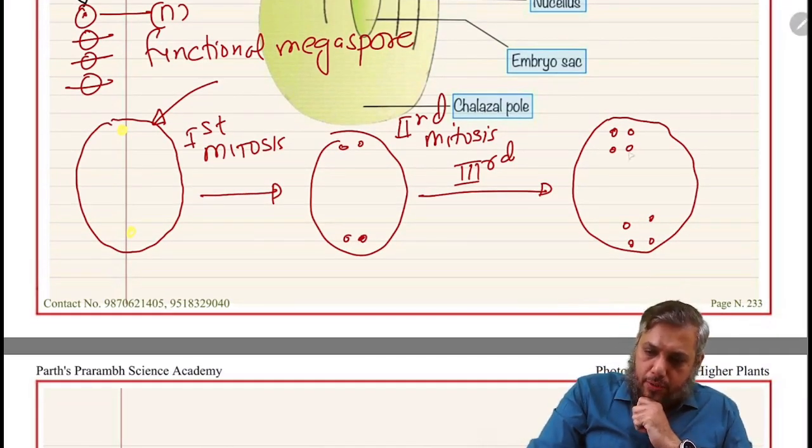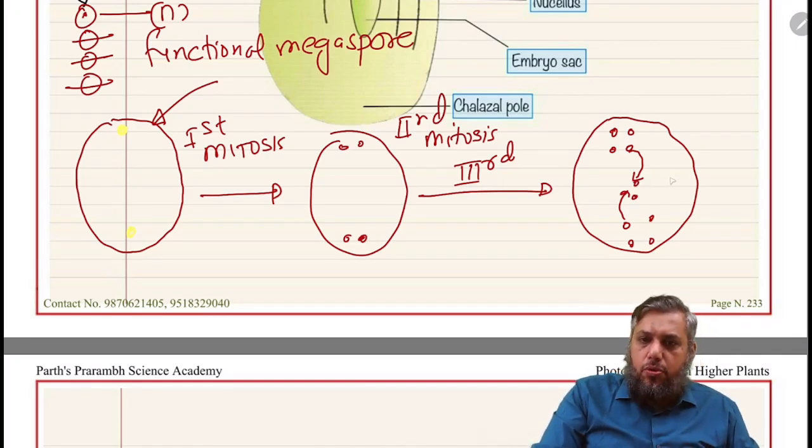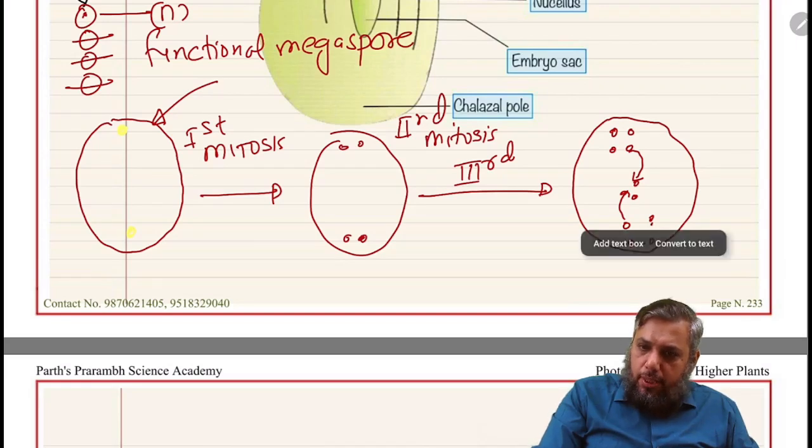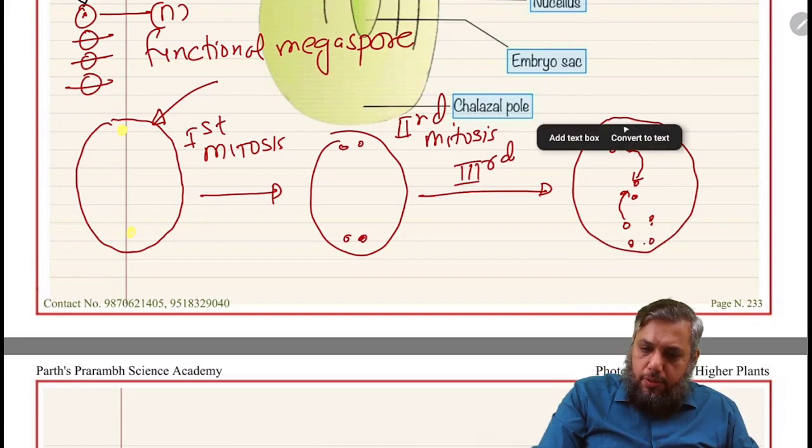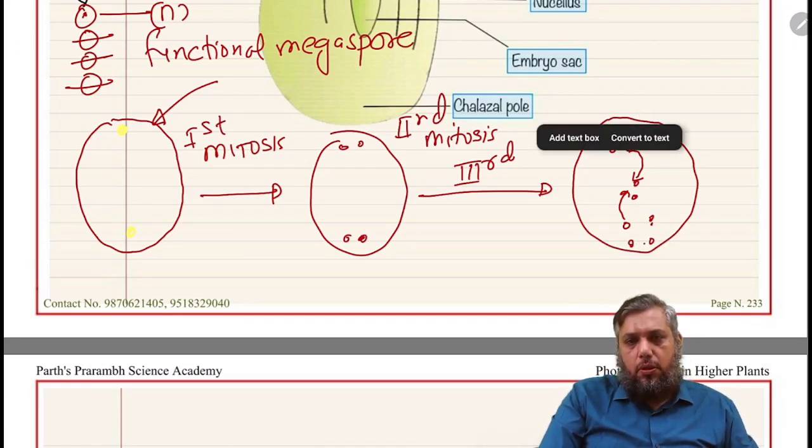One nucleus each from the micropylar and the chalazal end migrate towards the center, and they will result in the formation of the polar nuclei. The other three towards the micropylar end will form the egg apparatus. The remaining three towards the chalazal end will result in the formation of the antipodals.